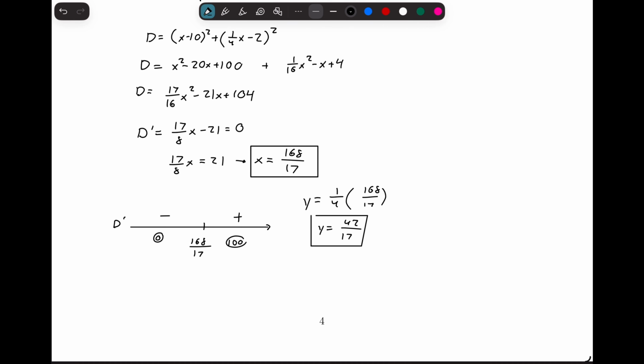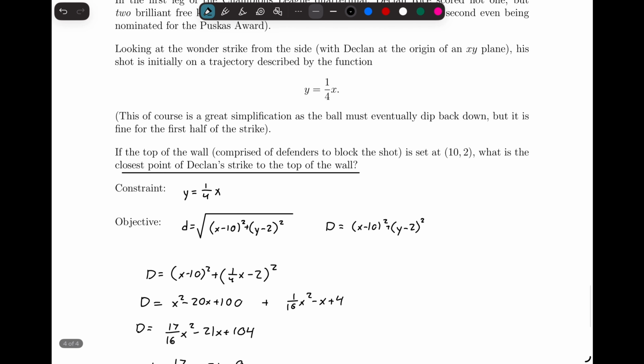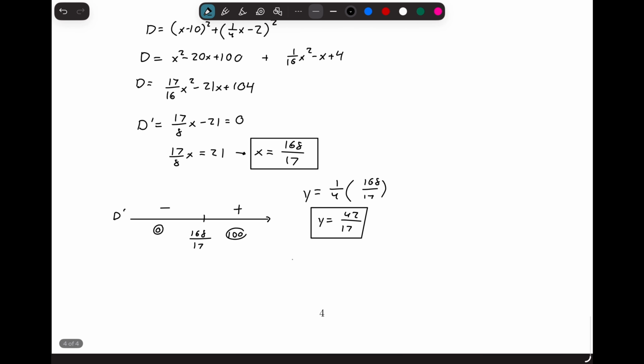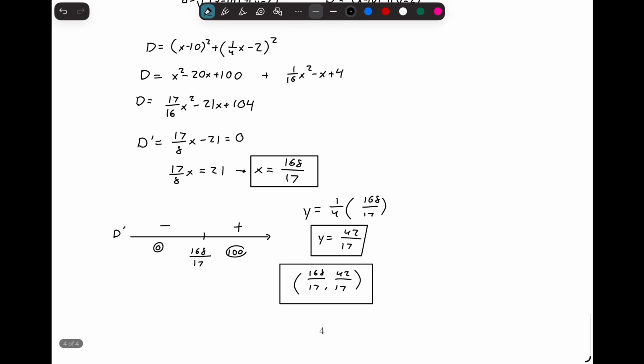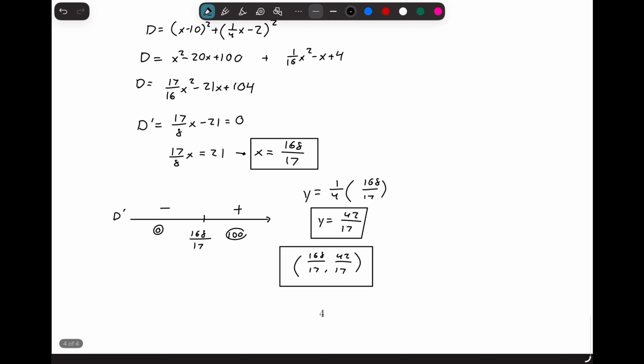I guess the question actually asks for the closest point, so we can also write this in point form. So x comma y, 168 over 17, comma 42 over 17. And that's that problem. And that's the whole problem set, actually.